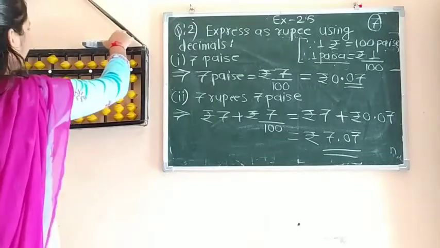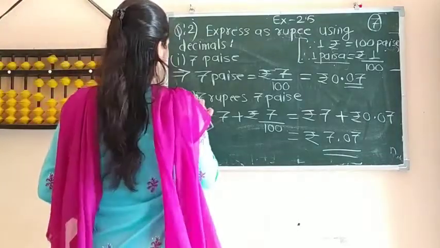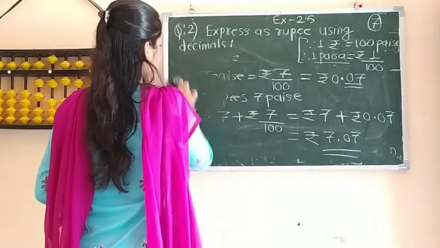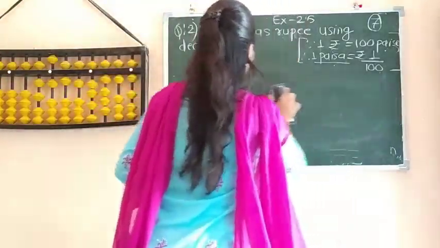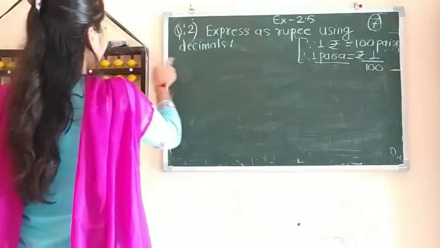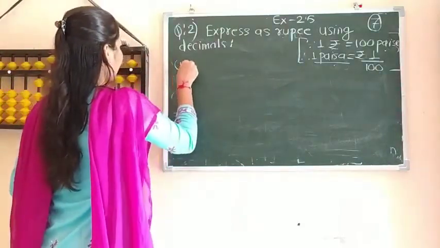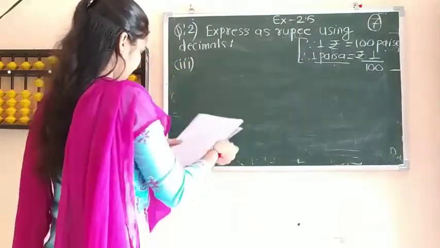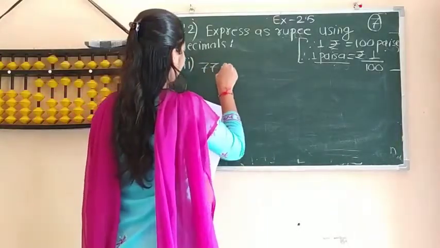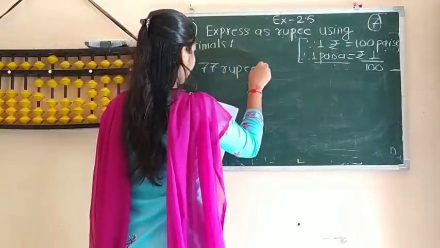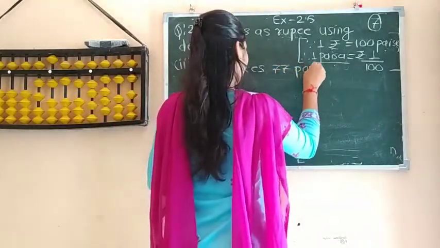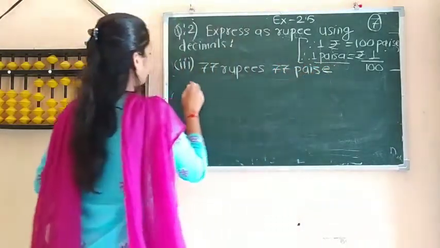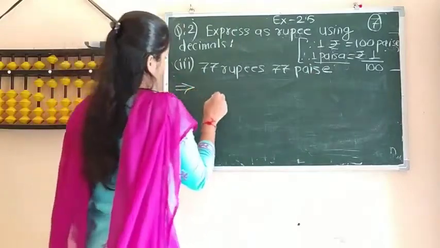Now last, third. What is third? 77 rupees and 77 paise. So you have to convert this into rupees. So how you will convert?